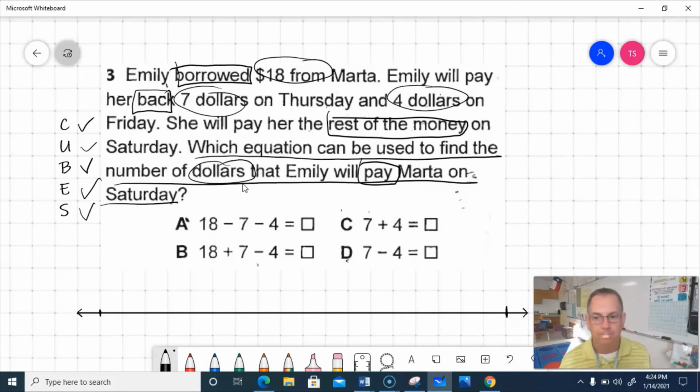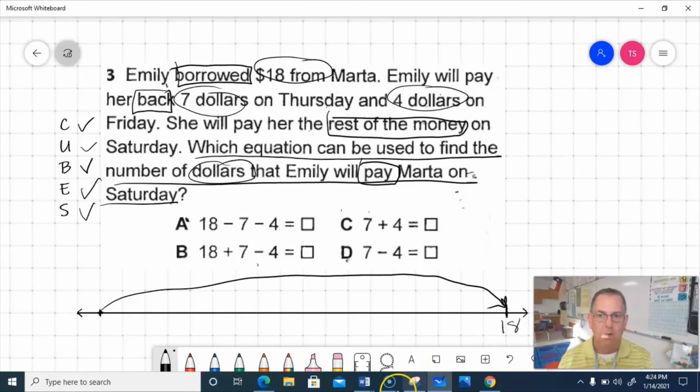Okay, let's check it out and see. You see I drew a number line right there. I like number lines. Number lines make a lot of sense on this problem, I think. So I'm going to say right here is where she started, and she jumped all the way over here to 18 because that's the money she borrowed. She borrowed $18. And then on Thursday, she paid her back $7.